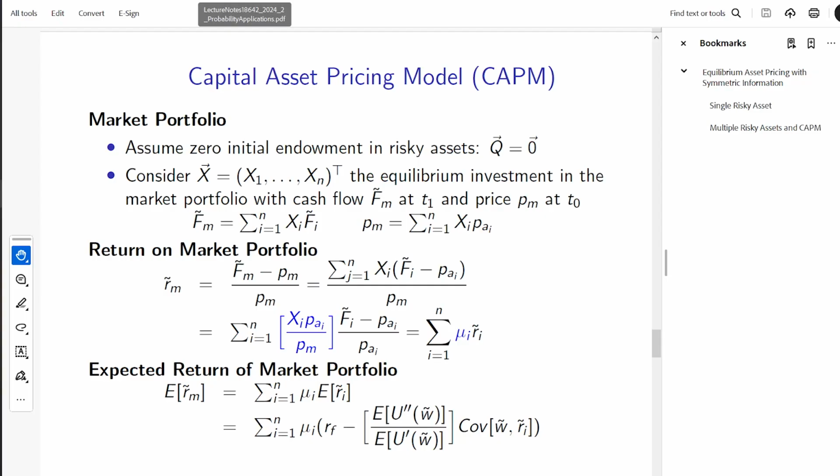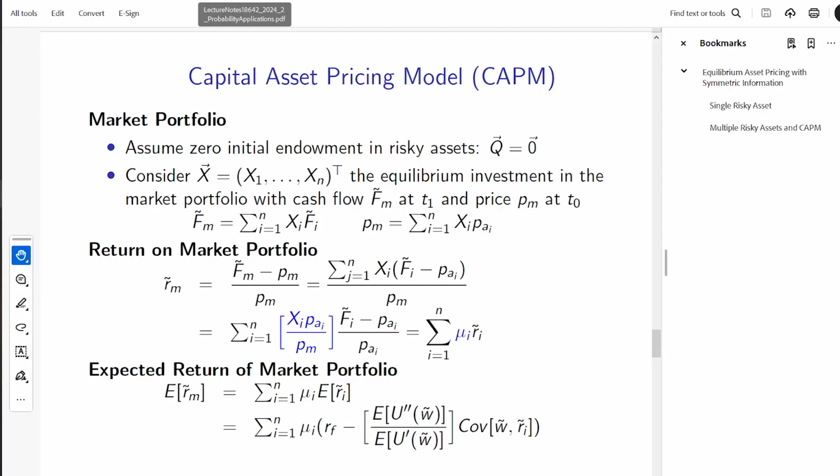then our market portfolio defined by X will have a market value of F tilde M, the sum of the Xi shares times F tilde I. The price initially of the market portfolio will be just the sum of the Xi shares times the initial price, which is PAI.